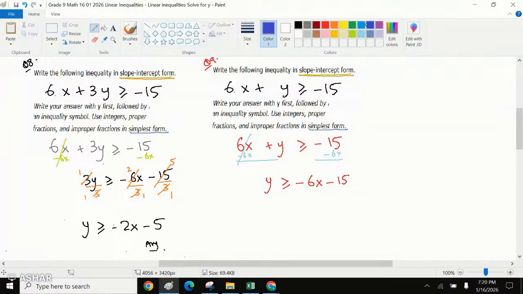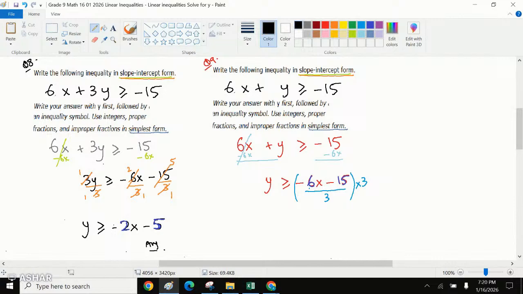See, in the previous question, the numerical values were 2 and 5, right? But 2 and 5 do not have a common divisor. But 6 and 15 have a common divisor. We can say they both can be divided by 3. So if we divide by 3 in any equation, we also multiply it by 3, right?